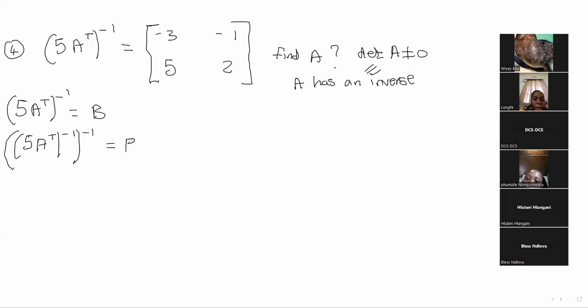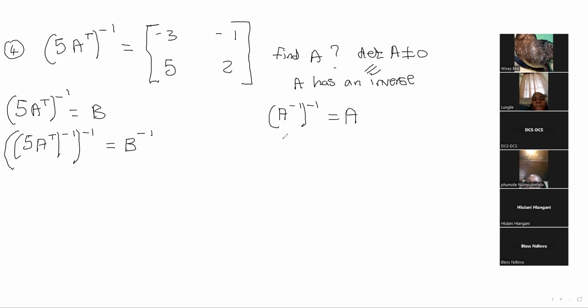What I do on the left, I must also do on the right. And then if you remember this rule, A minus 1, minus 1 will give us A.